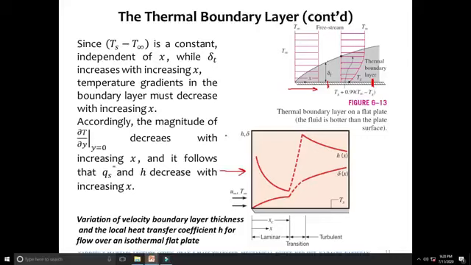Because the heat transfer is directly proportional to h. So if we are observing a drop in Q, that would certainly mean there is a drop in h, keeping Ts minus T infinity constant. Therefore, over here we can see that the boundary layer grows. There is a laminar region, then a transition region, and then a fully turbulent region.